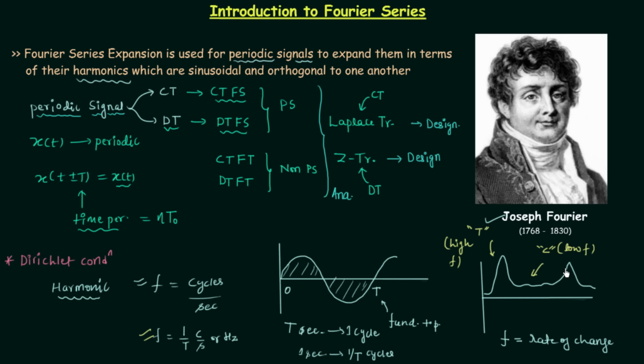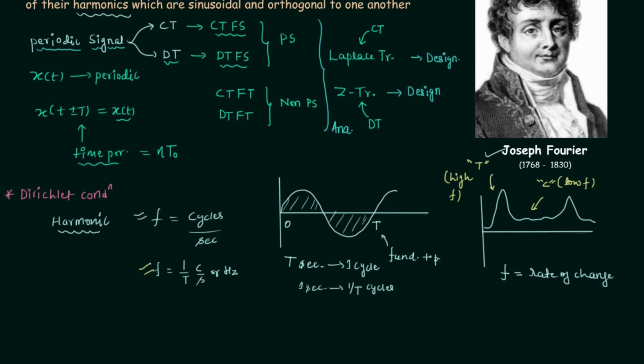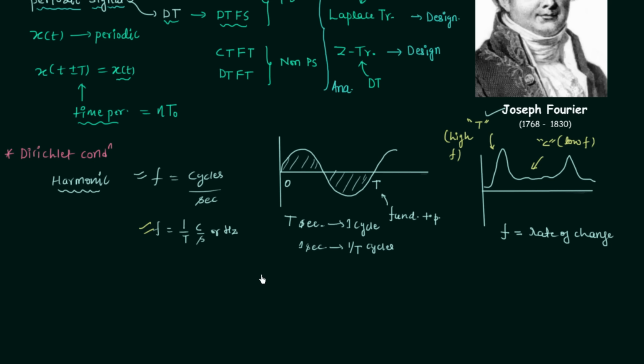So here we have a signal, practical signal, in which there are multiple frequencies available. And when we have multiple frequencies, we can have the signal expressed in terms of fundamental component plus the harmonics. Now we will understand what are harmonics. We now know the meaning of frequency, and now we will understand the meaning of harmonics. For this I will take one example.